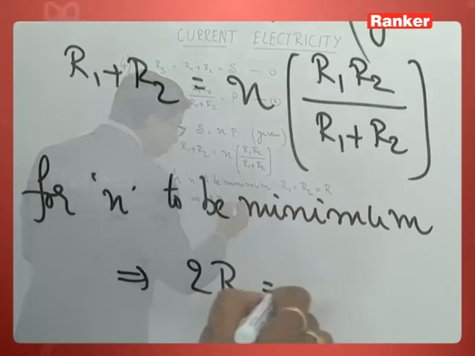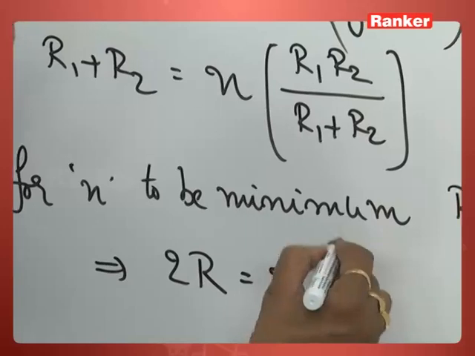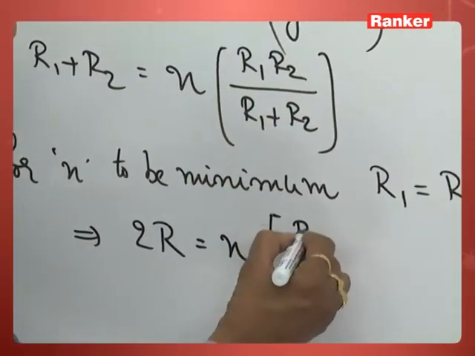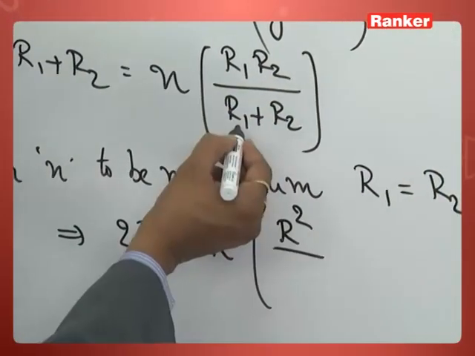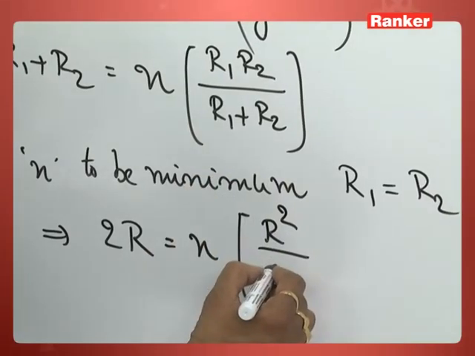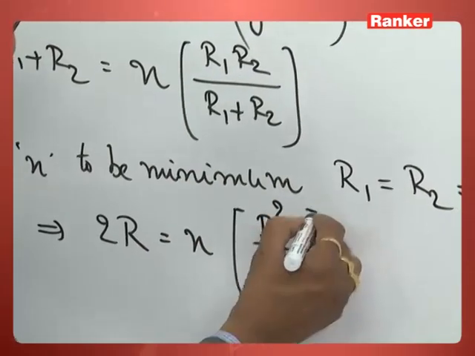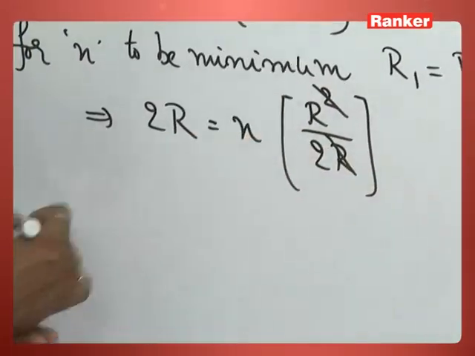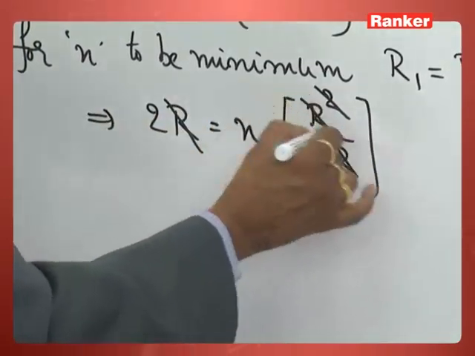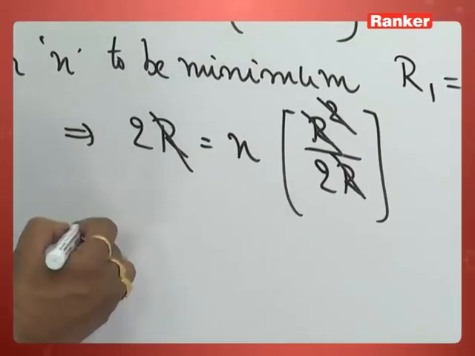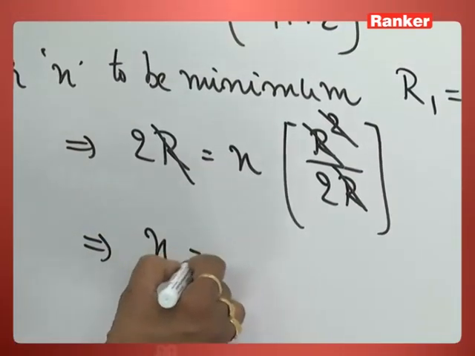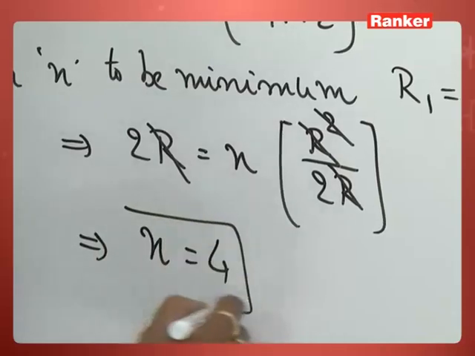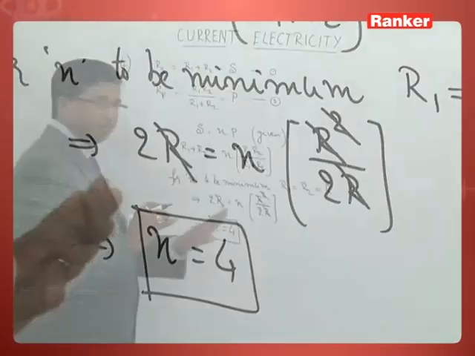That is equal to N times R into R, R square, by R1 plus R2, that is 2R again. So you look, one R gets cancelled, one R gets cancelled. So N must be equal to how much? After cross multiplication, we get N must be 4.